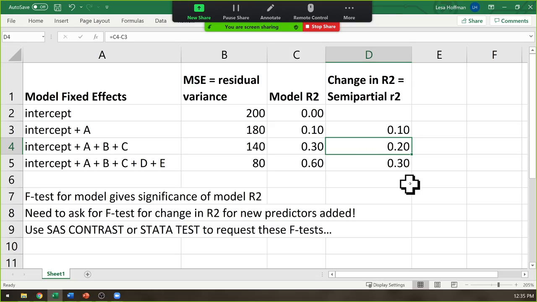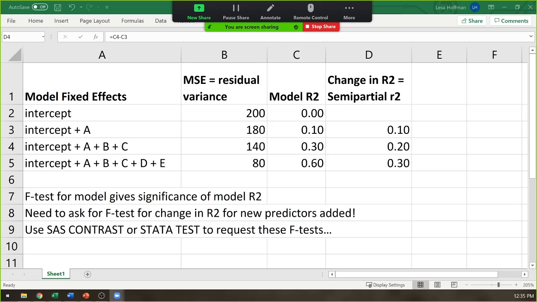The role of the contrast statement in SAS, or the test statement in Stata, is to give you a significance test of that change in R square: whether or not the new things you've added work together to account for variance. The reason we have to do that is that it's not only their unique contribution that goes to the R square, but also what they have in common, which neither of them gets credit for.